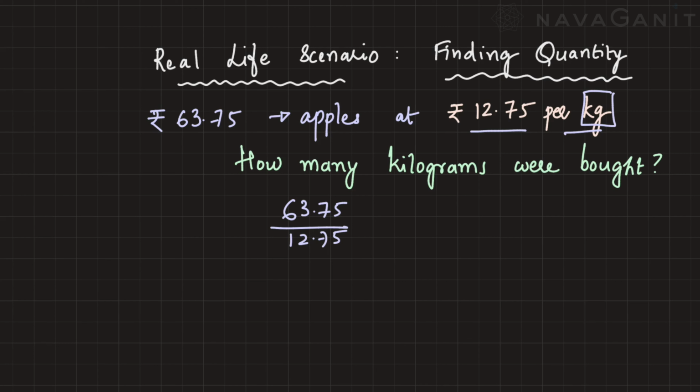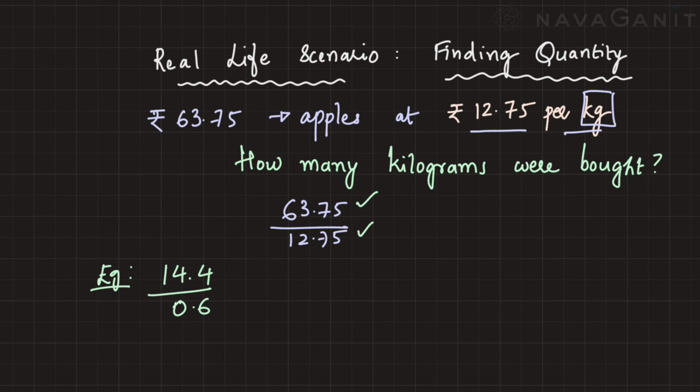In these scenarios, we need to learn division of one decimal number by another decimal number. So let us understand the steps to divide decimal numbers using a few examples. First, say we are dividing 14.4 by 0.6. First we need to rewrite this division as a fraction.